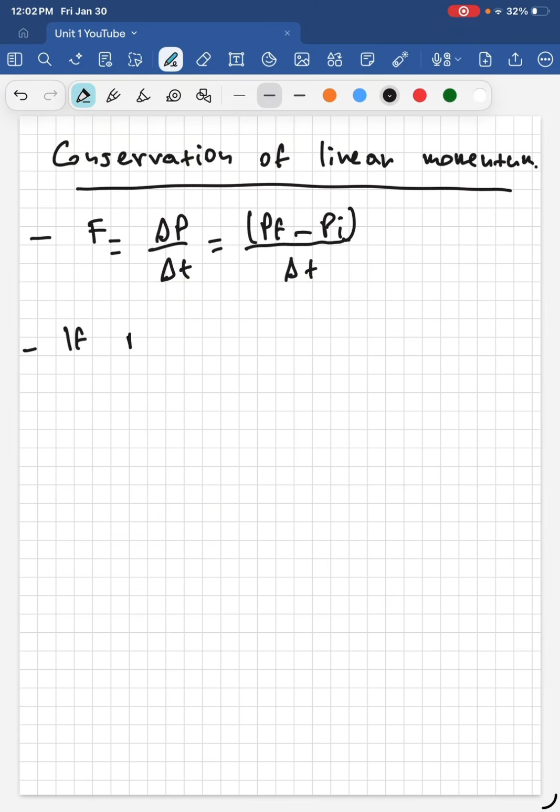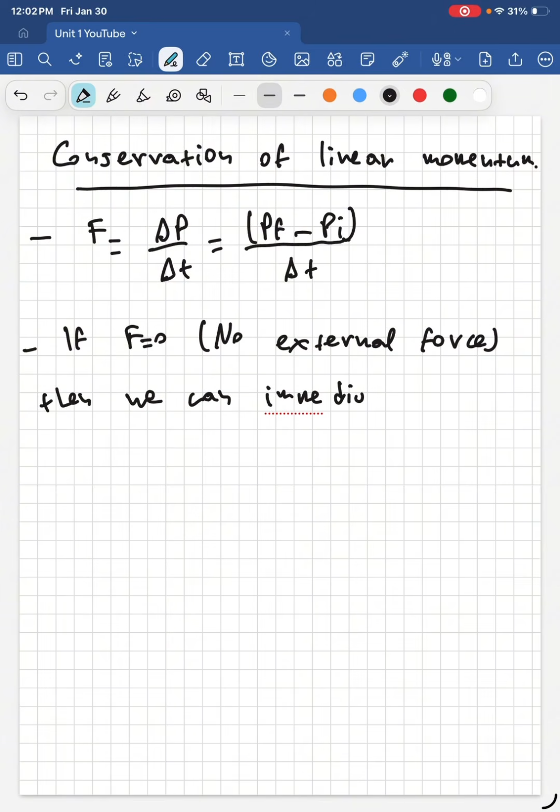Now, if F is 0, so no external force, then we can immediately infer that P_F, the final momentum, is equal to the initial momentum, okay?